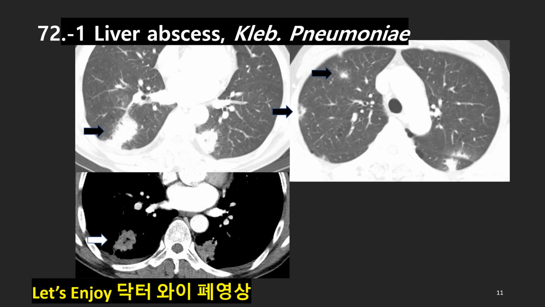These three CAT scan images show us bilateral, many, ill-defined nodules, from 1 to 3 centimeters in size, peripheral dominance, lower lobe dominance, septic pulmonary embolism. And at the axial CT left below, we see the cavitation. The white arrow indicates the cavitation and bilateral small pleural effusion too.